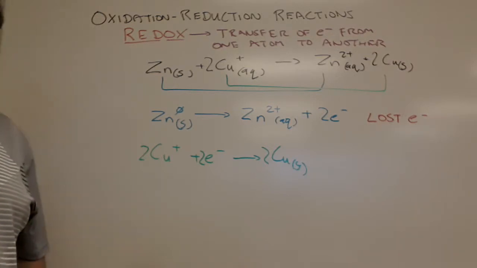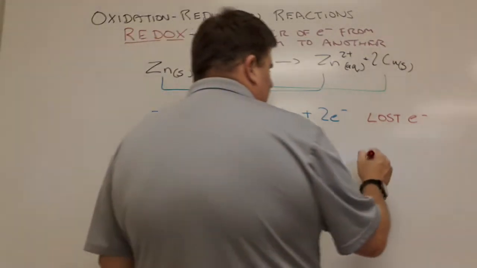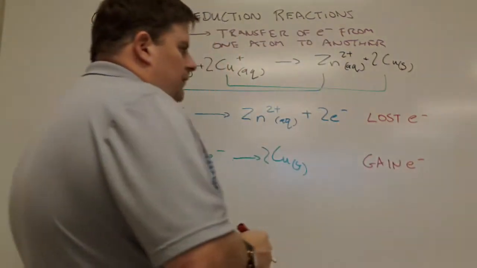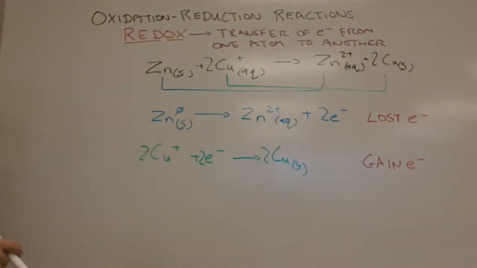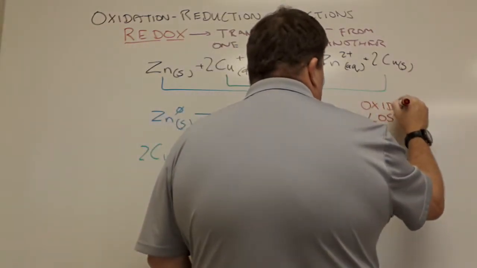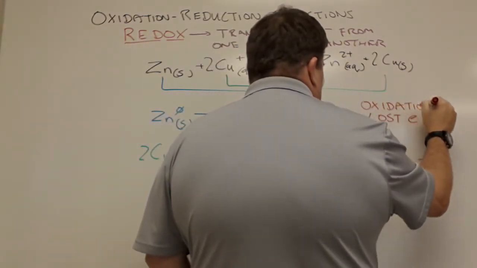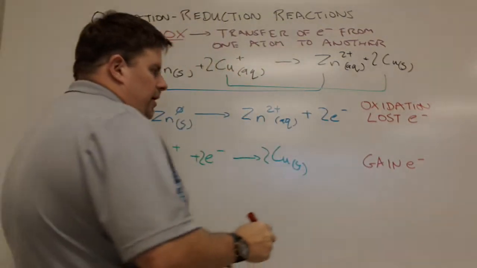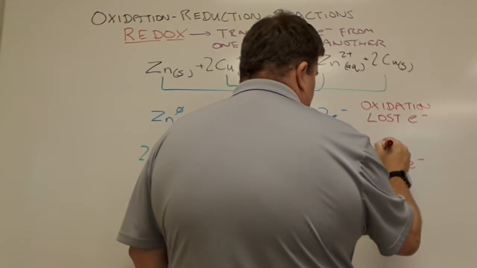The copper gained electrons, right? In these 2 cases, we have oxidation when we lose electrons, and for gaining electrons, it's a reduction.